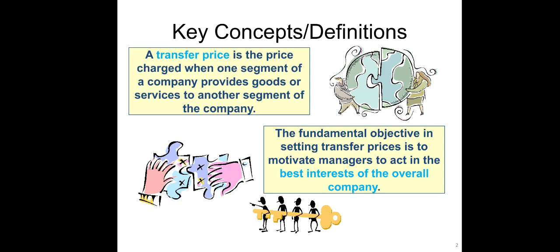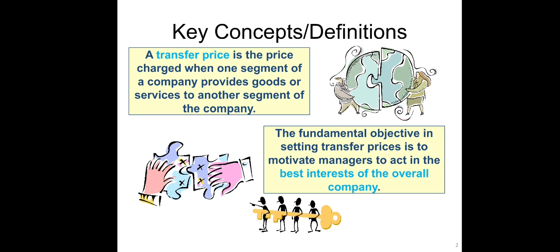Okay, so see the second yellow box there. The fundamental objective of setting transfer prices is to motivate managers to act in the best interest of the overall company or business. So, like I said earlier in the previous lecture, every segment has its own manager. That manager is responsible for the segment.